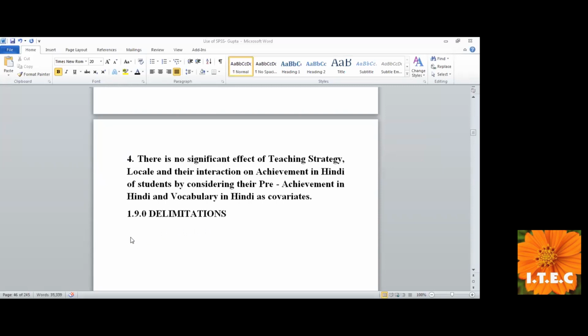So now here you have to write the limitations. The following were the limitations of this study.